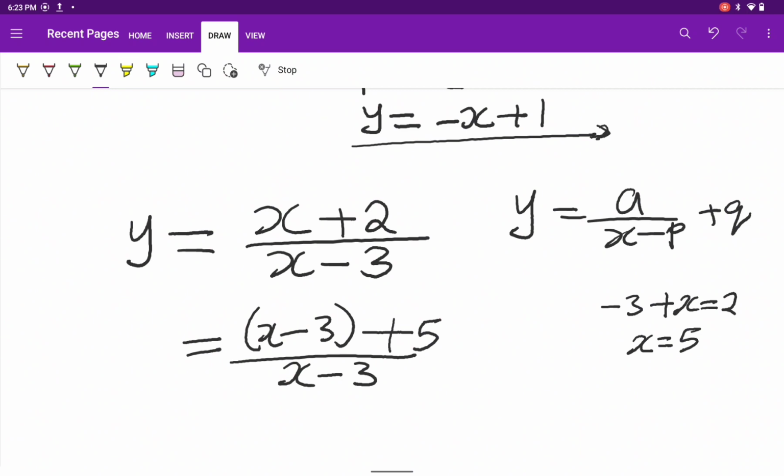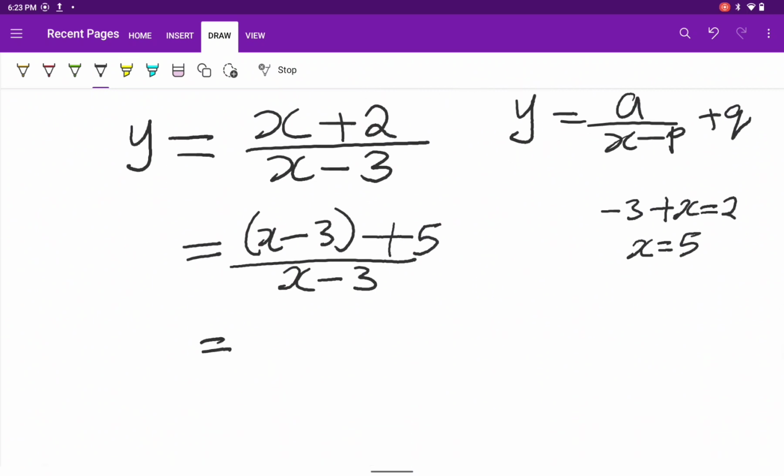So we can rewrite this equation as (x - 3) divided by (x - 3) plus 5 divided by (x - 3). If you want to go back, you can just find the LCD and it will give you back the one on top.